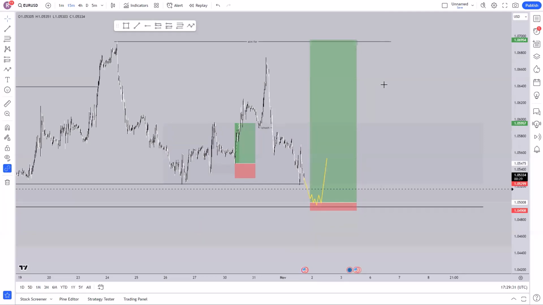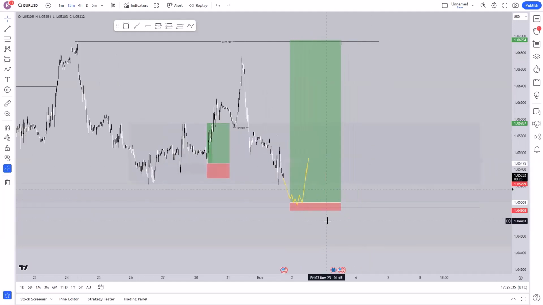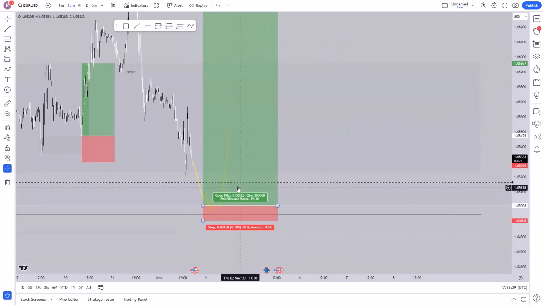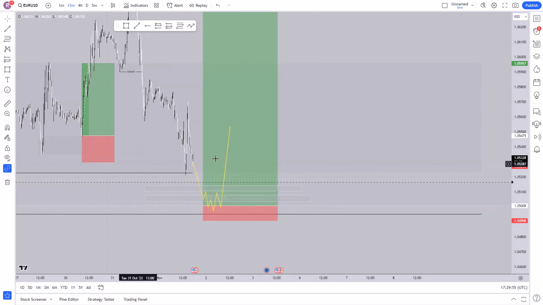I think if price breaks the 15-minute, it means it didn't get the right POI. So remember, we had these refined POIs somewhere within here. Just to save time, I'm not going to get the exact ones, but this darker box here from here to here is our overall 4 hour demand.